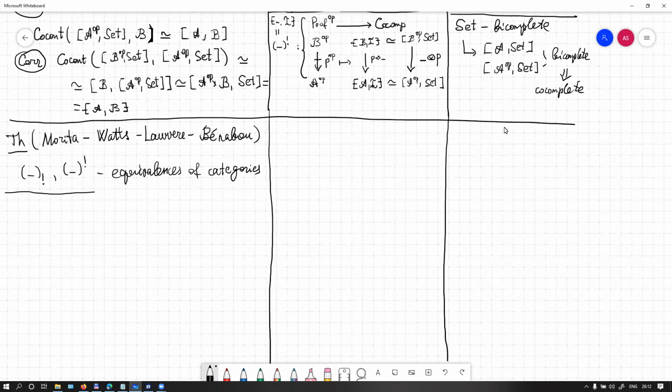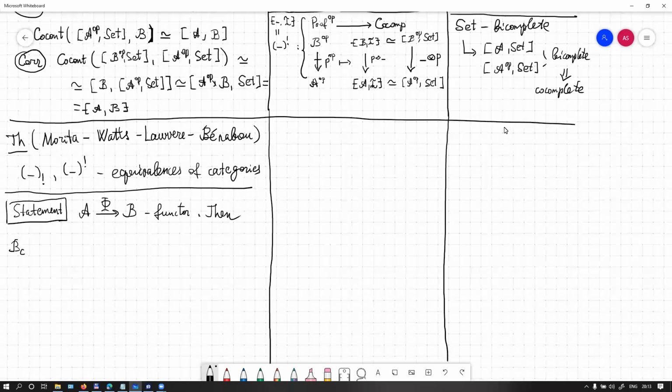And now one additional statement. If phi from A to B is a functor, then the representable profunctor composition is a representable profunctor, and composition with the co-representable profunctor gives us an adjunction.